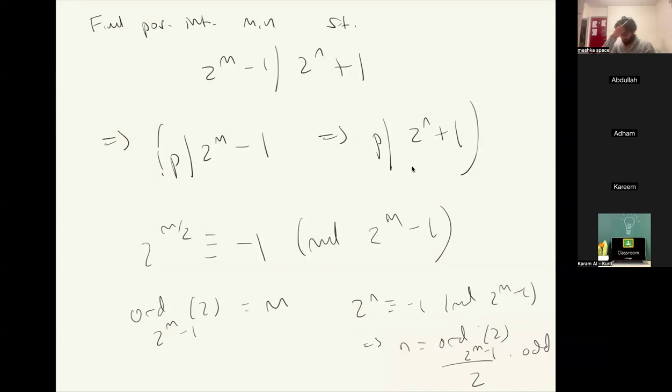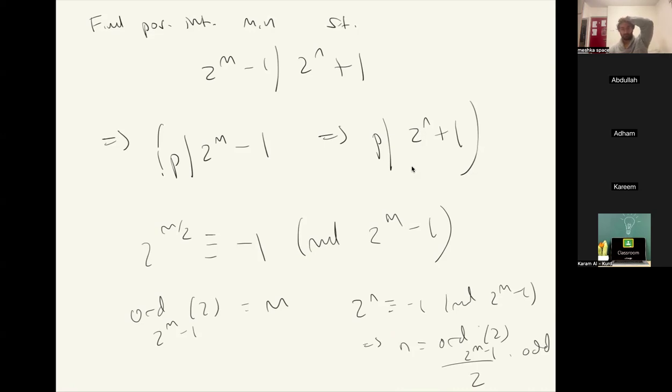How do we know that 2 to the m over 2 is congruent to -1 mod 2 to the m minus 1? That's 2 to the what over 2? Sorry? 2 to the m over 2. How do we know that it's congruent to -1 mod 2 to the m minus 1?